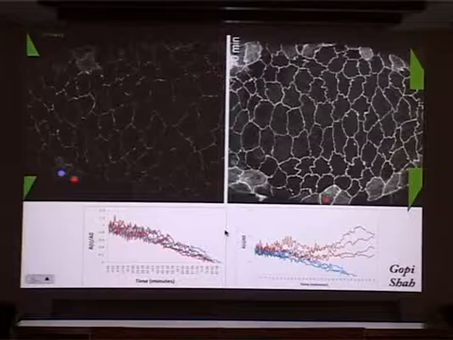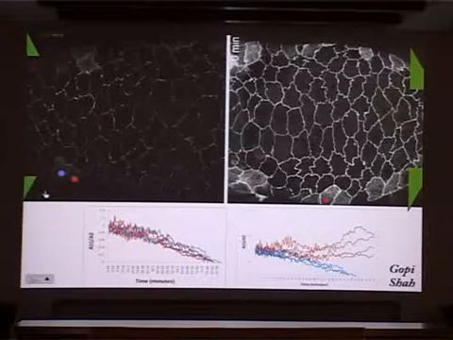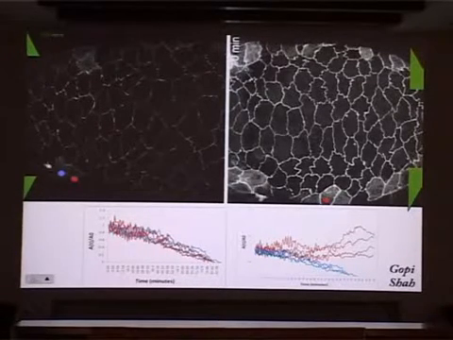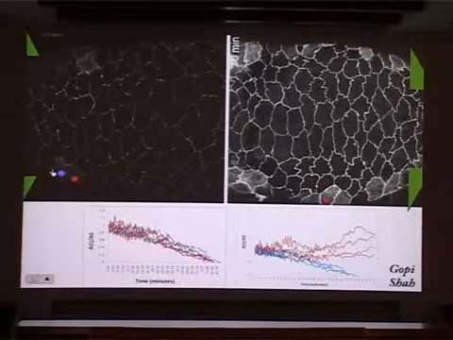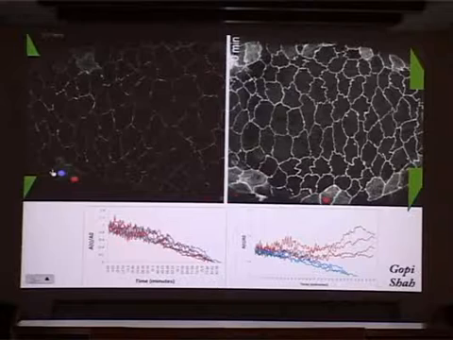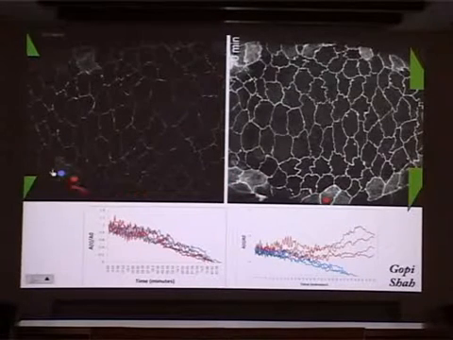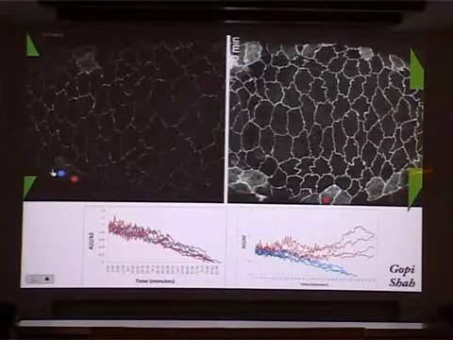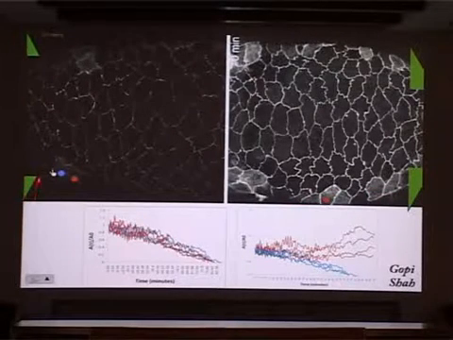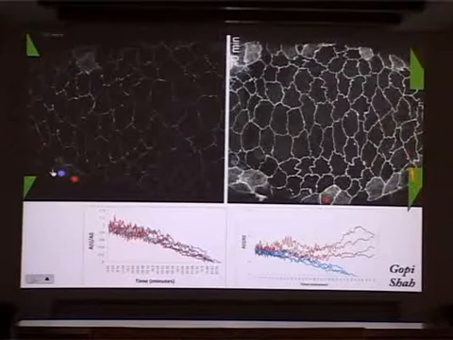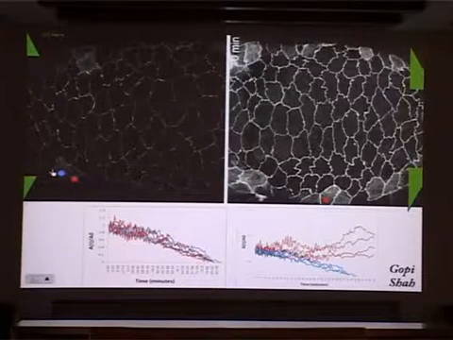So what we've done here is just labeled some of these cells at the interface. And this is a native scenario. And here we've perturbed that gradient so that instead of just being restricted to this side of the interface, we've now extended it a little bit on the other side.